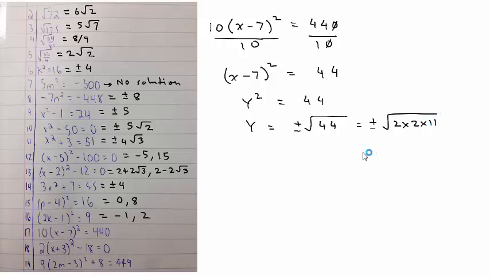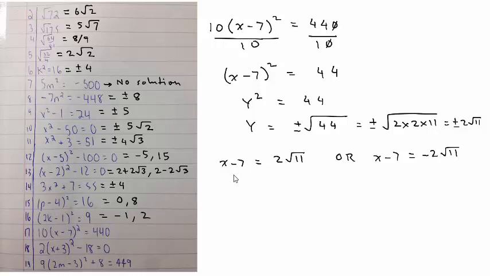So we have y is equal to plus or minus 2 square root of 11. Now what's y? y is nothing but x minus 7. So we have x minus 7 is equal to either 2 square root of 11, the positive root, or x minus 7 is equal to negative 2 square root of 11.